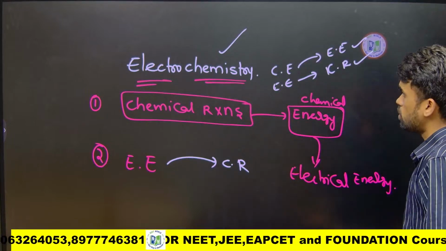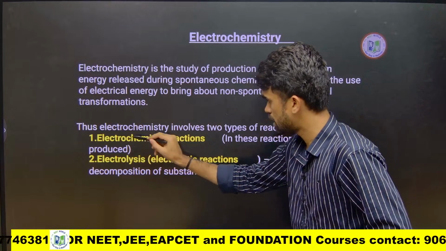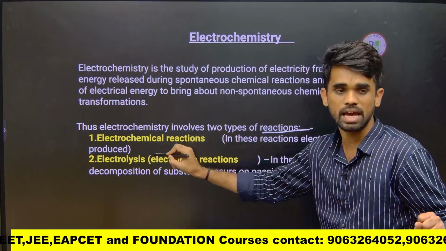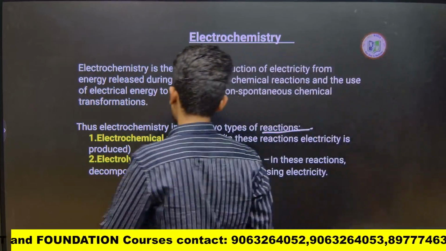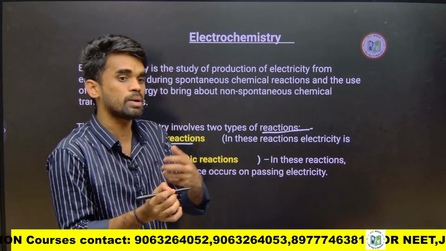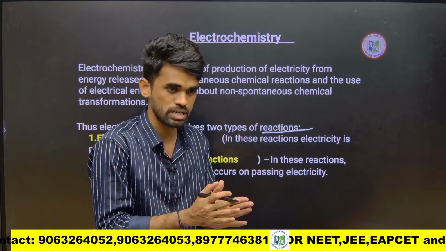Now this is the introduction part. What I told you, there are two types of processes: electrochemical reactions and electrolysis. Electrochemical reactions means we have something called electrochemical cells, EC.